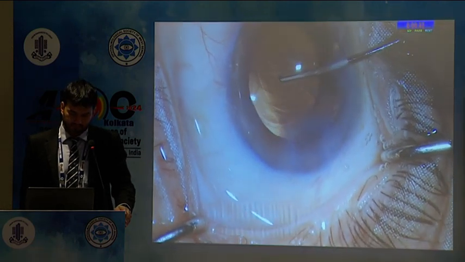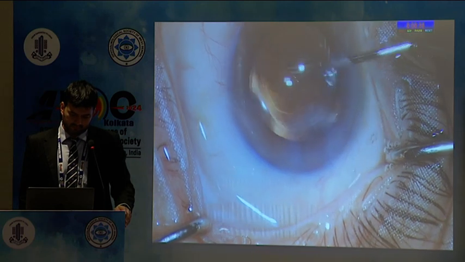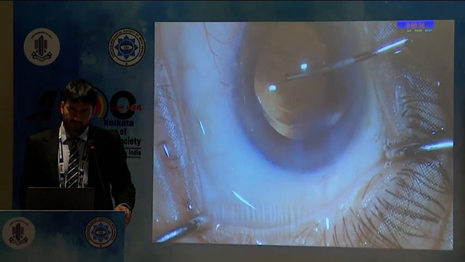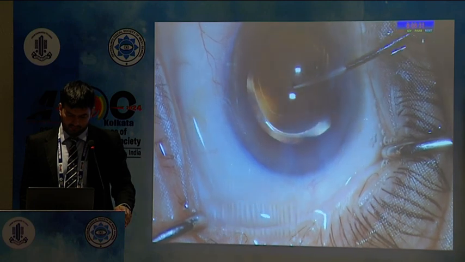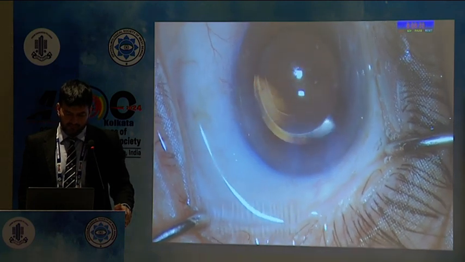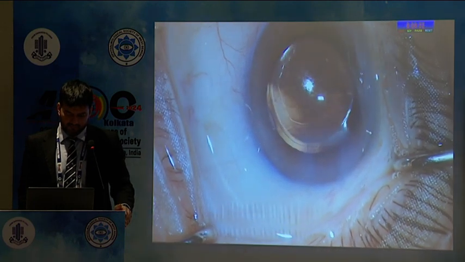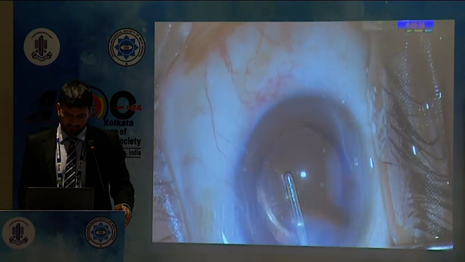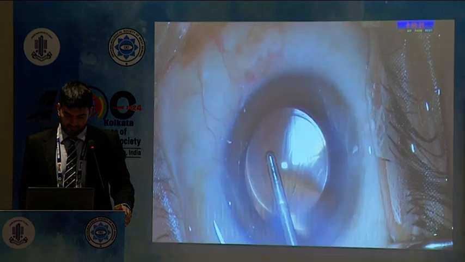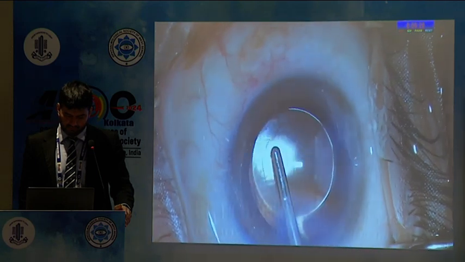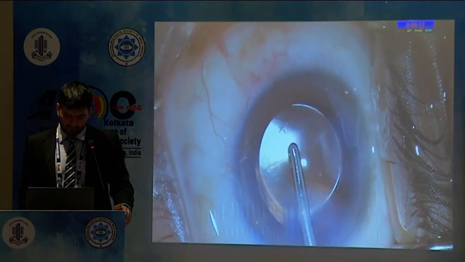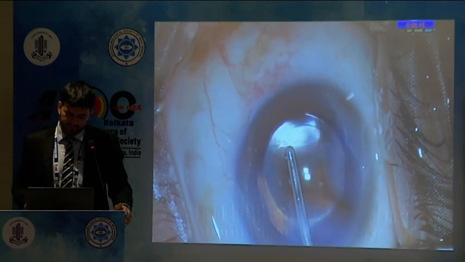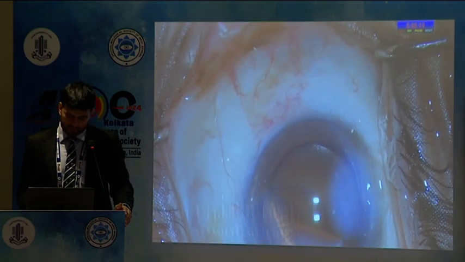On nudging with the lens dialer, I noticed that the haptic is half broken. I was confused as to what to do next. As the haptic was half broken, I decided to keep the lens as it is, as a partial decentration won't matter a lot in a myotic pupil.